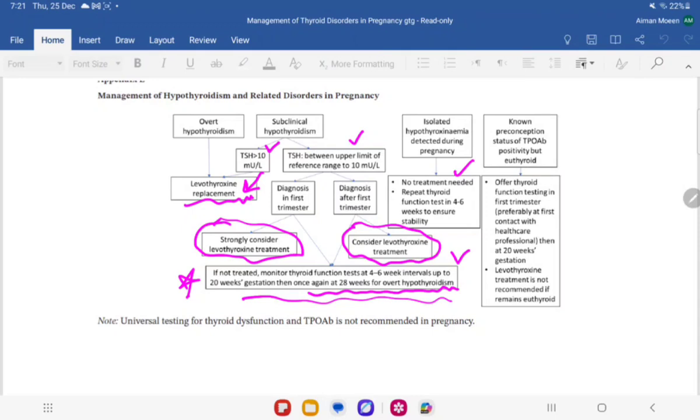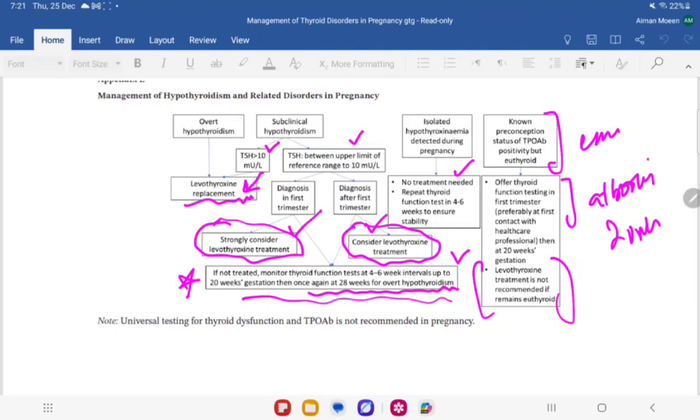If there is some derangement, then you can start. Here we strongly consider, here we consider levothyroxine. If thyroid peroxidase is positive and there is euthyroidism, then you will do thyroid peroxidase at booking and again at 20 weeks. There is a lot of repetition I am doing, but just so that this concept can stick to your mind. And levothyroxine treatment is not recommended.